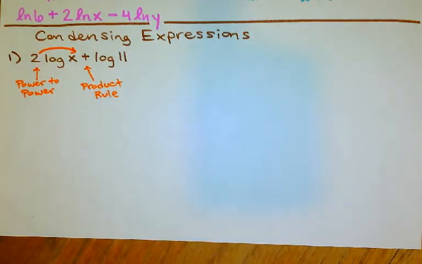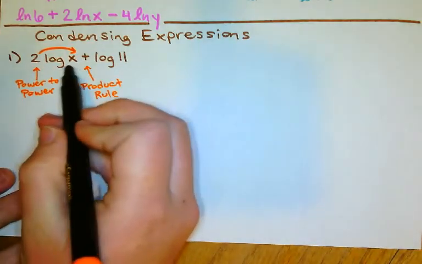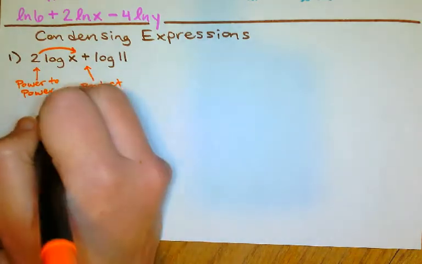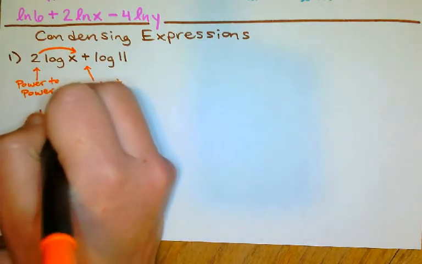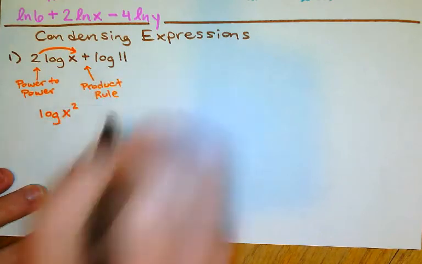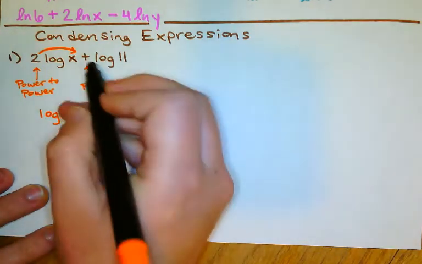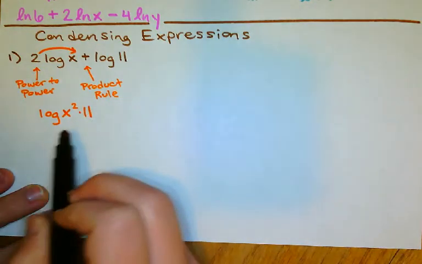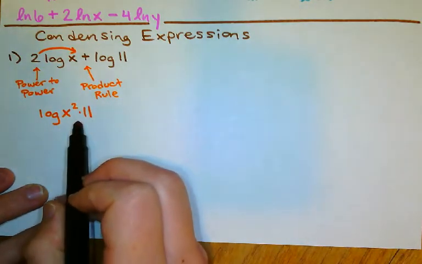Okay, so that means we can rewrite this as moving that 2 back up to the power. So this is going to be log x squared and then times 11. You can put that dot there for multiplication if you want.